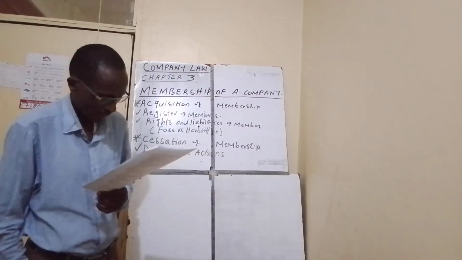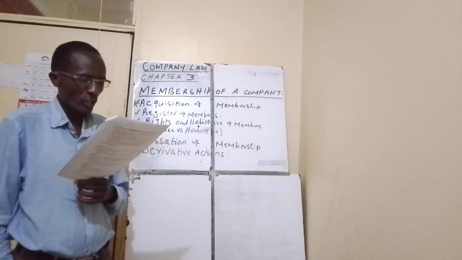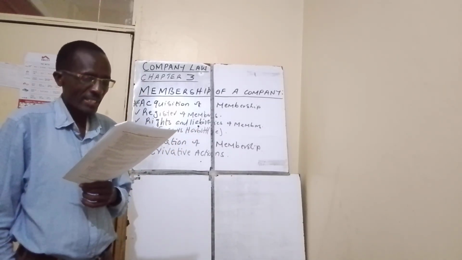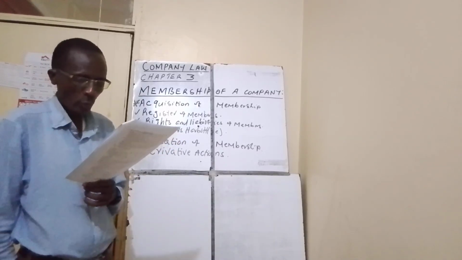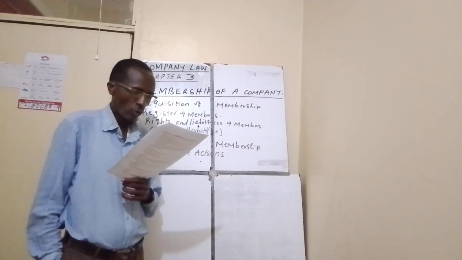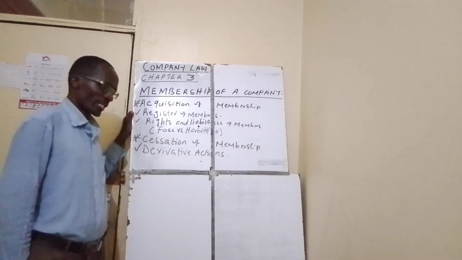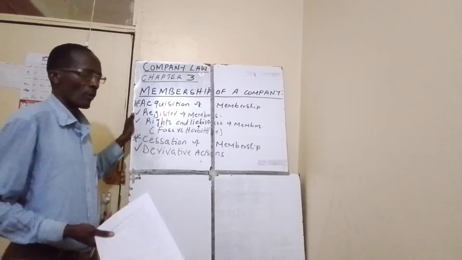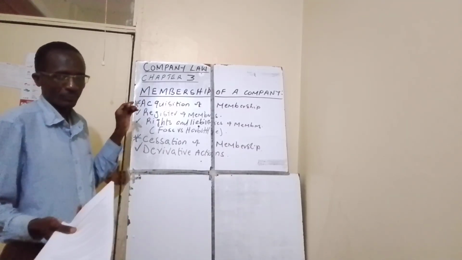Now, this is what I've written here myself. This is an action instituted by a shareholder in his name on behalf of the company to remedy a wrong done to the company. Just a few minutes ago, we discussed individual members' rights and corporate rights.